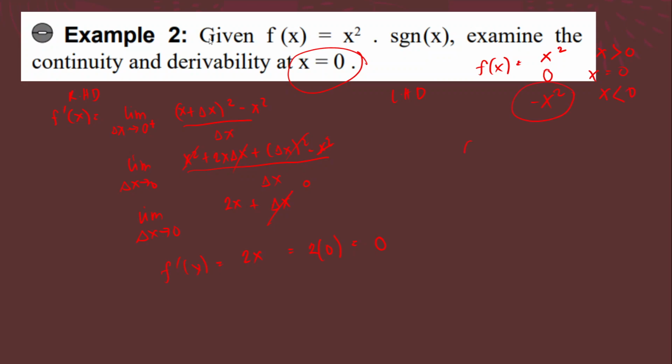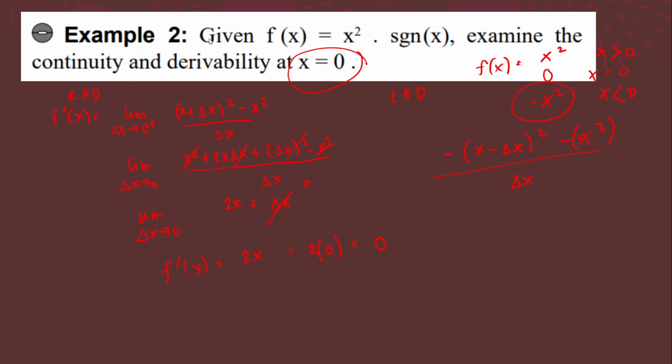Okay, so negative x minus delta x squared minus x squared, minus x squared, divided by delta x.